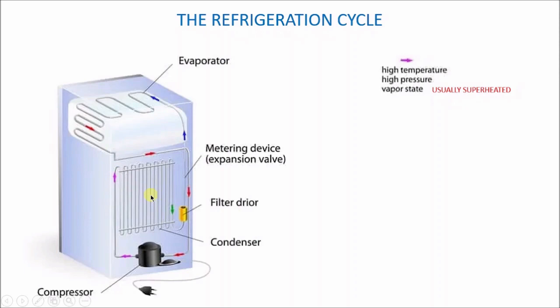And remember what I told you earlier, the purpose of the condenser is to turn the gas into a liquid, which means that after the condenser, where you see the green arrow here, that is after the condenser. The condenser is here, so it comes in from the compressor into the condenser, and then it comes out of the condenser where you see the green arrow.